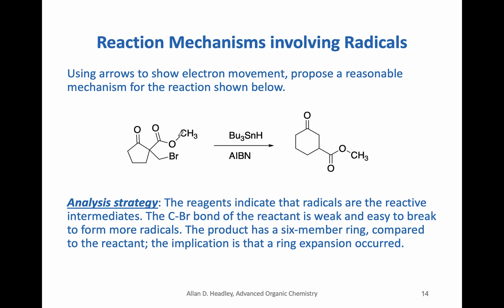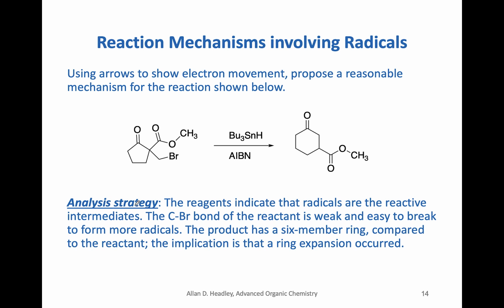My suggestion, if you have a question like this, where you have to propose a mechanism by using arrows to show how electrons move around from the reactant to form the product, is to carry out an analysis.